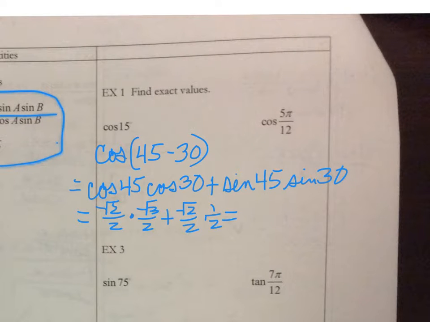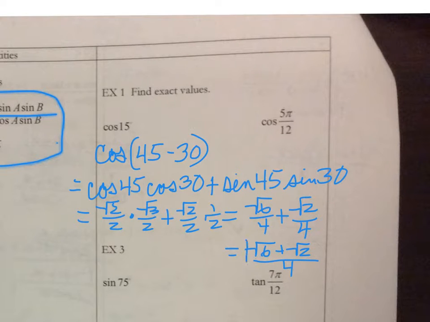So I have root 6 over 4 plus root 2 over 4, which many times is then combined just to make root 6 plus root 2 all over 4. So what's the cosine of 15 degrees equal to? Well, that's what it's equal to exactly: root 6 plus root 2 all over 4.